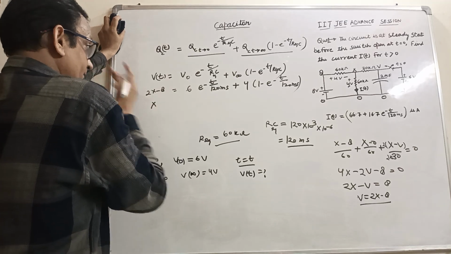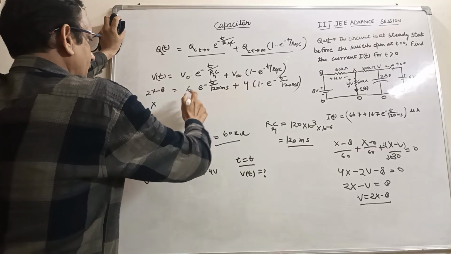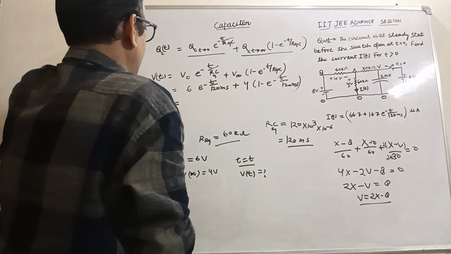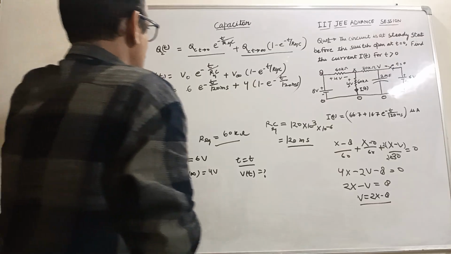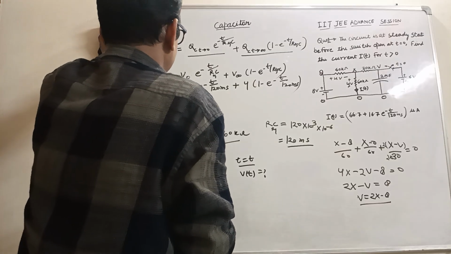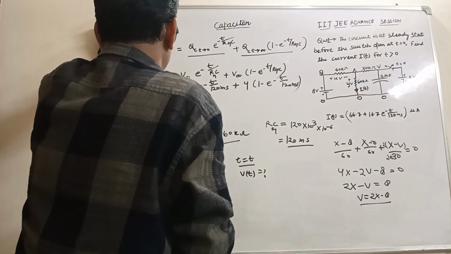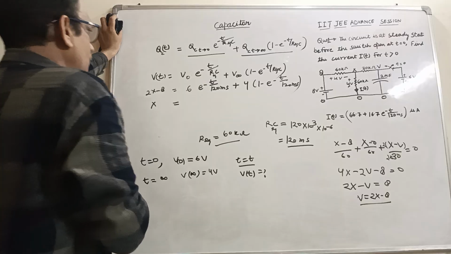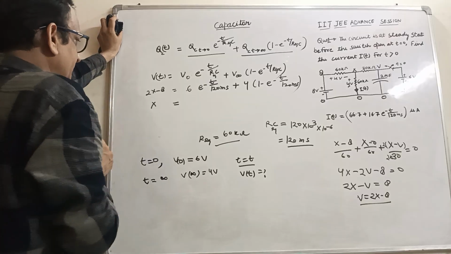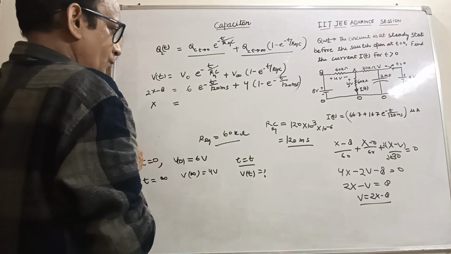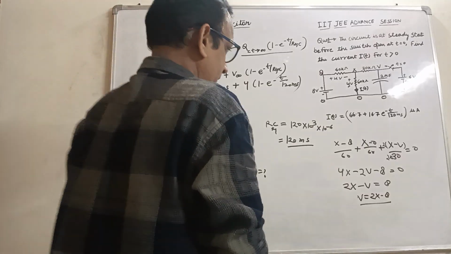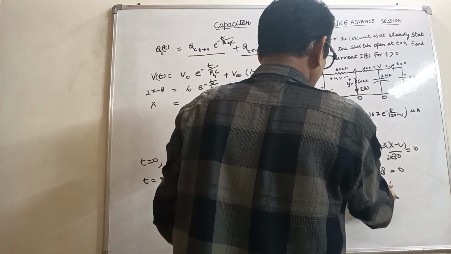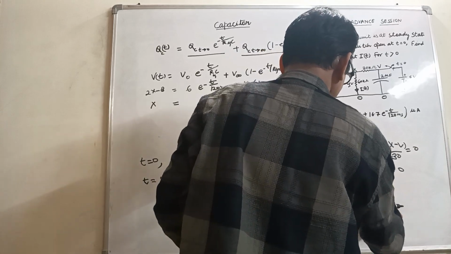4 and 8, divide by 2. So this becomes 2x minus, this is not 8, this is 2x minus v is equal to 4. This is 4.